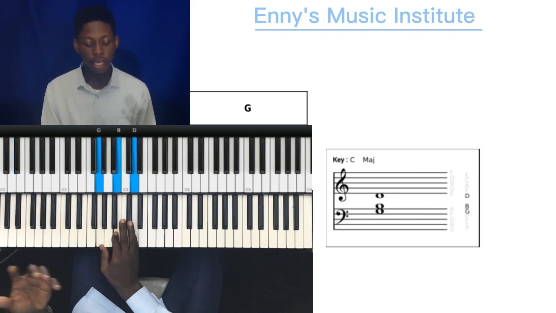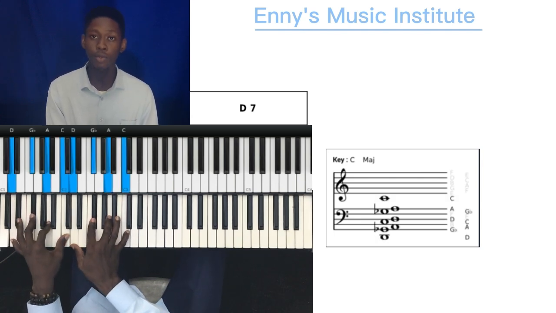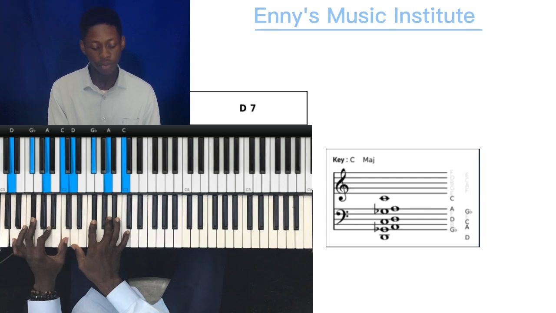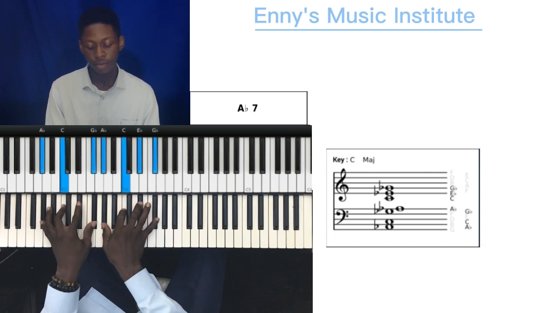Alright, so if I don't want to play my D dominant here, if I want to play a tritone substitution instead, it's simple. What is a tritone away from D? That's G sharp or A flat.